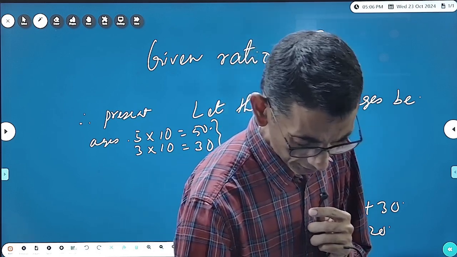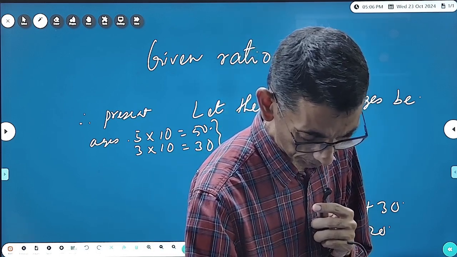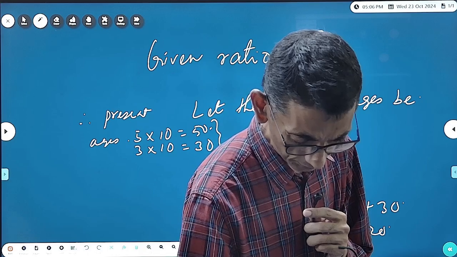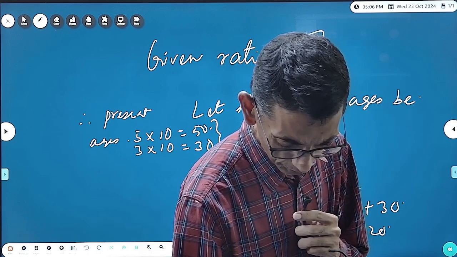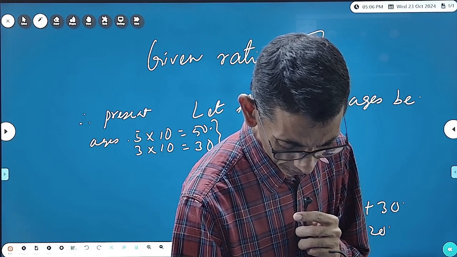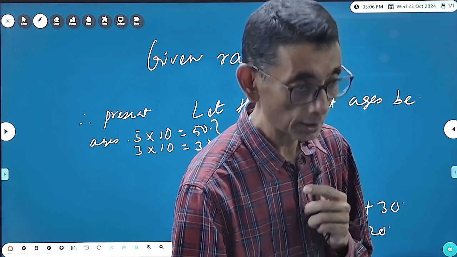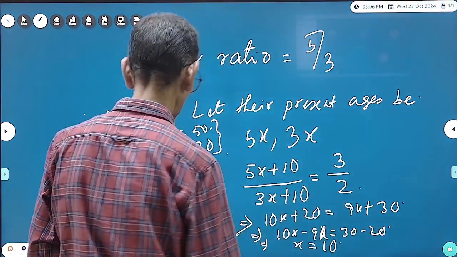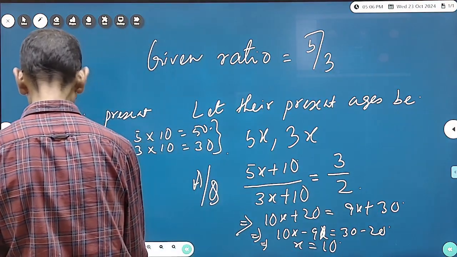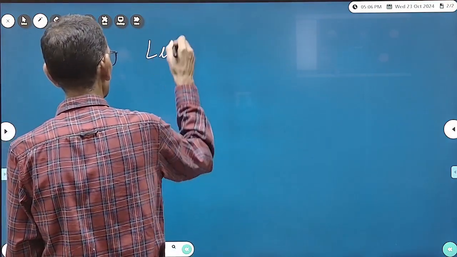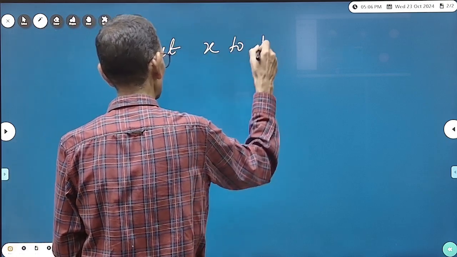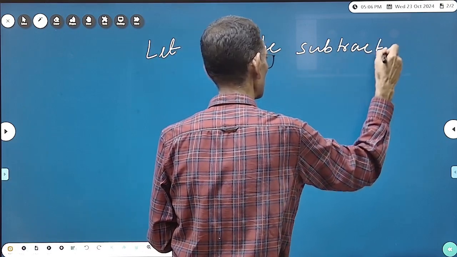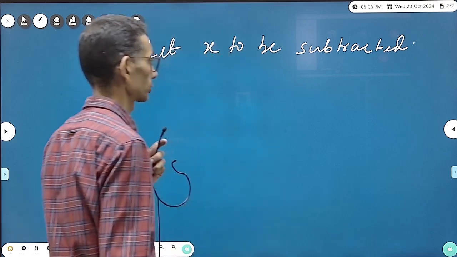Question number 3, practice problems. What must be subtracted from each of the numbers 17, 25, 31, 47 so that the remainders are in proportion? So let us assume that we will subtract x. Let x be subtracted.